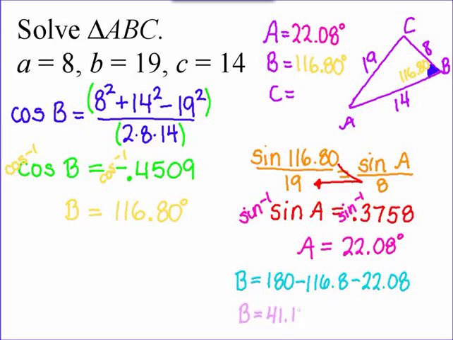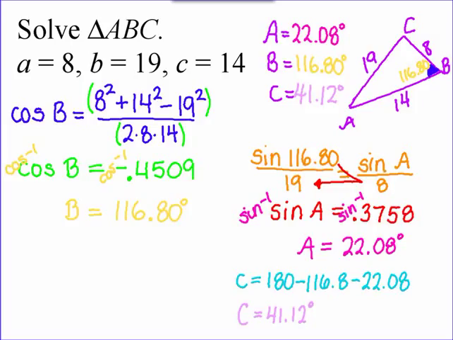Oh, sorry, I wrote that wrong. It should have been angle C. That was my mistake. Change that to C. So angle C comes out to be 41.12 degrees. So those are your answers. Questions?